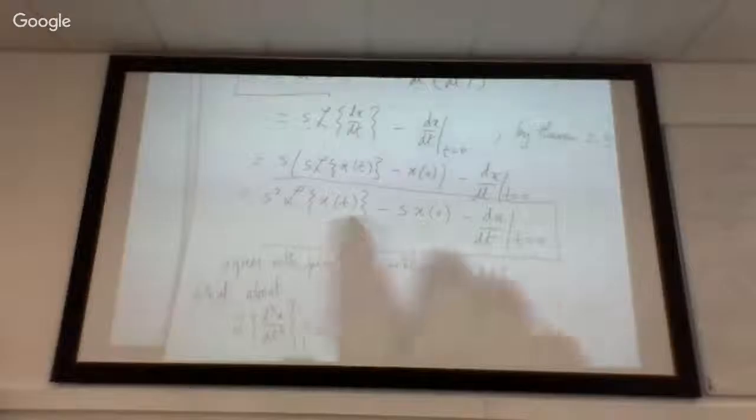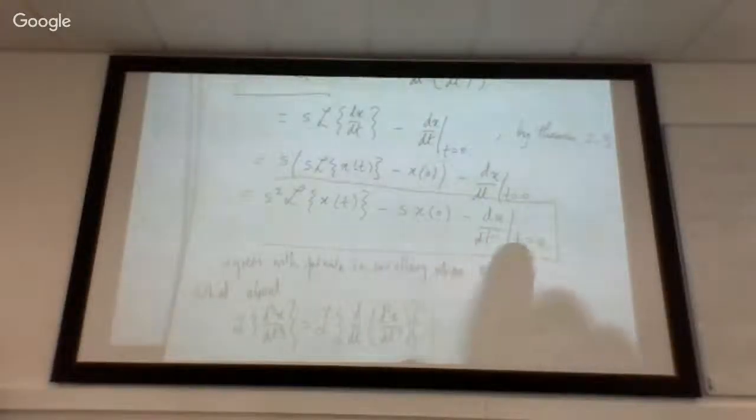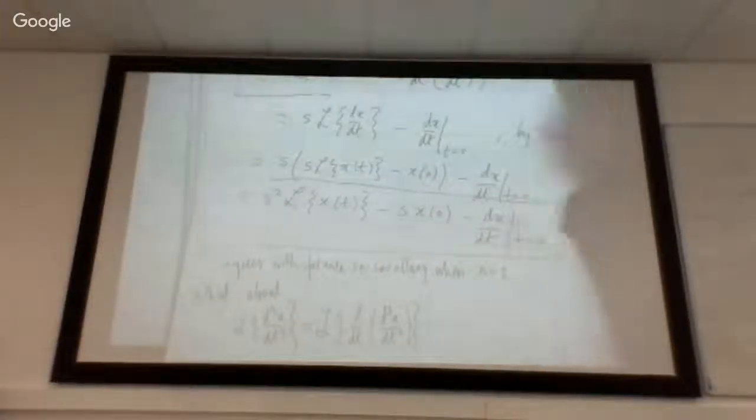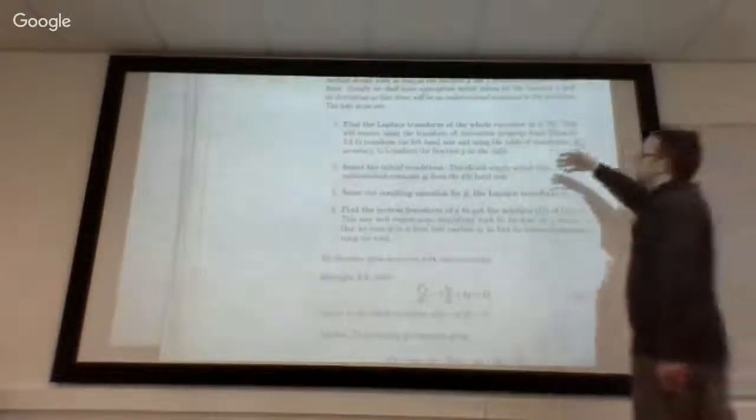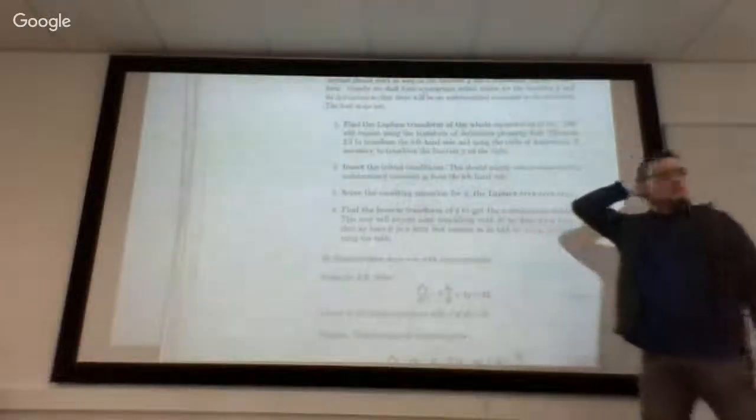Now, initial values of the function y will crop up in various places, because they crop up here, initial value of x, initial value of the derivative of x, etc. So anywhere those initial values crop up, we typically will be given those initial values as part of the problem. If you do have those initial values of the unknown function, then you can substitute those in at that stage.